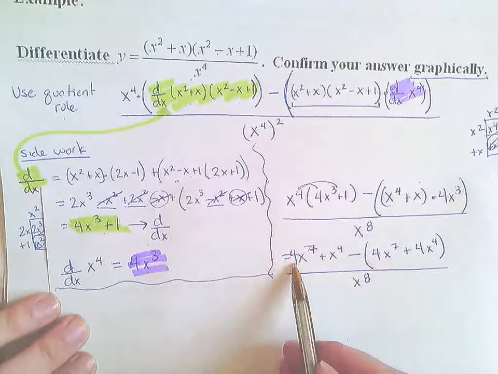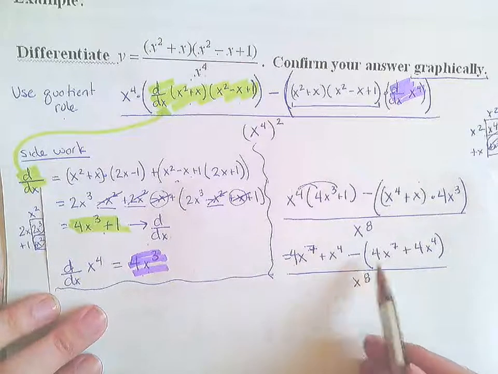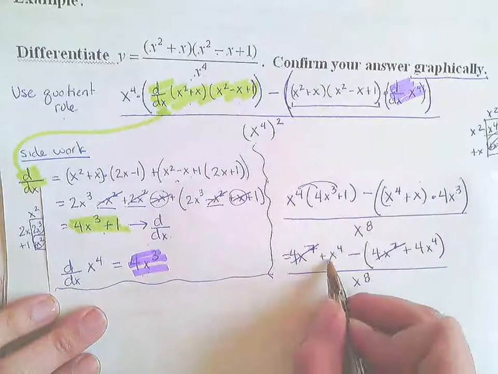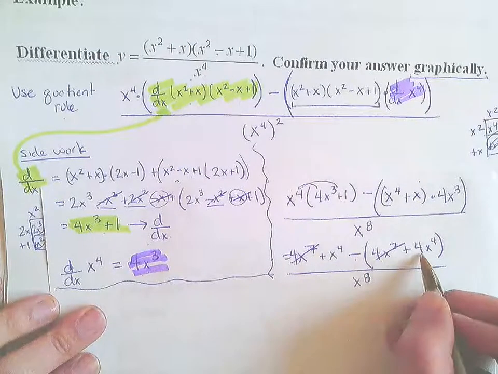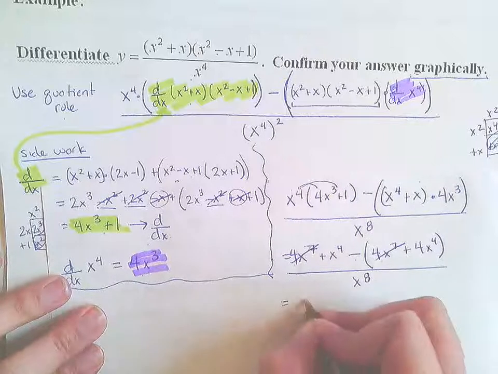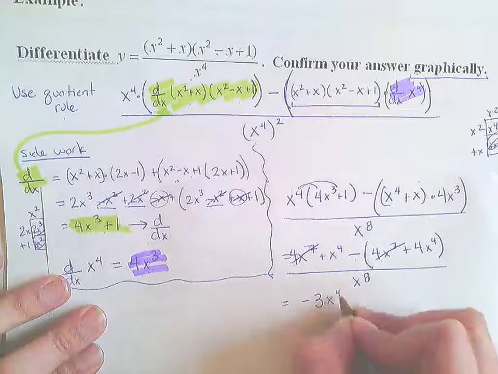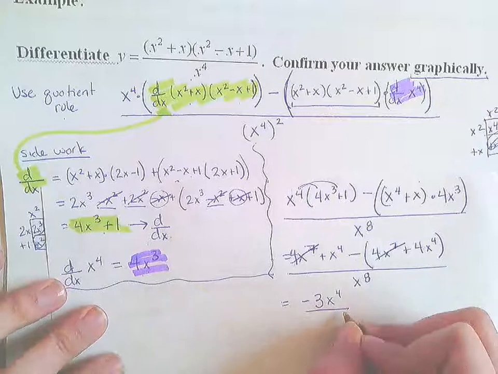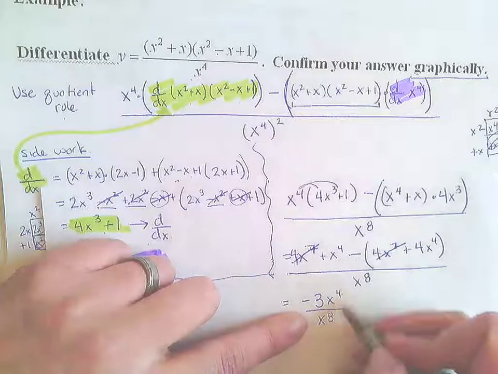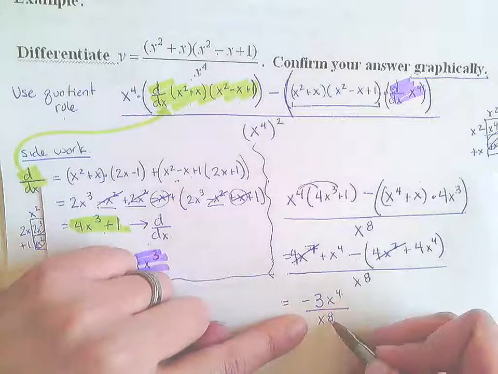So what do you notice happens? 4x to the seventh minus 4x to the seventh, they're gone. X to the fourth minus 4x to the fourth, you end up with negative 3x to the fourth over x to the eighth. And then, of course, what happens to these exponents?